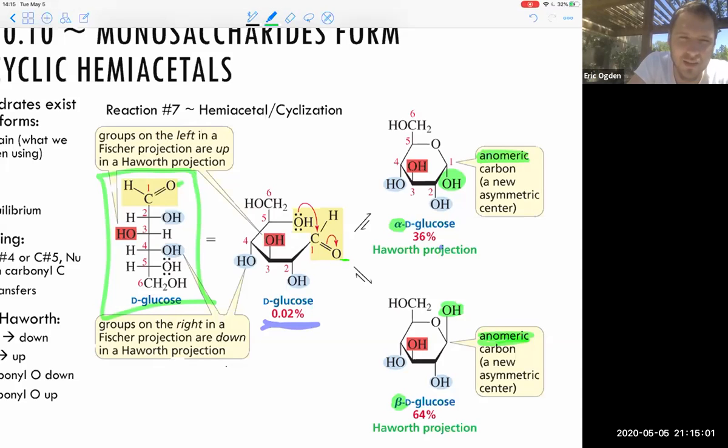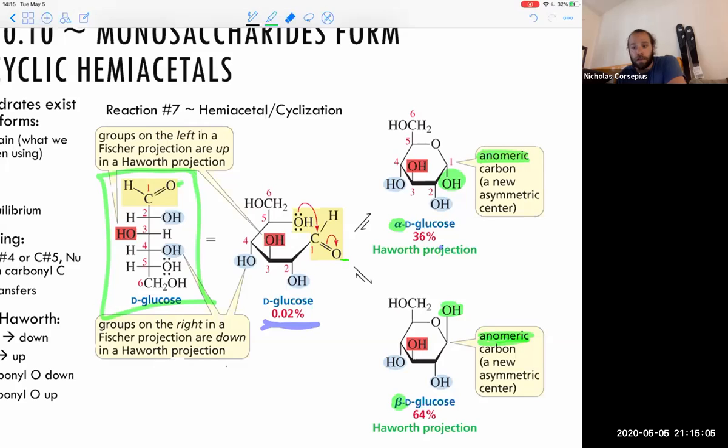Is it the aldehyde carbon? Yeah, your carbonyl carbon. What was your carbonyl carbon in your straight chain form is your anomeric carbon in your closed chain form. Another fun vocab word that we've got to learn. Unfortunately, when we're talking about sugars and peptides, you've got language that was constructed by biologists, not chemists, so they have different names for stuff than we've been used to.